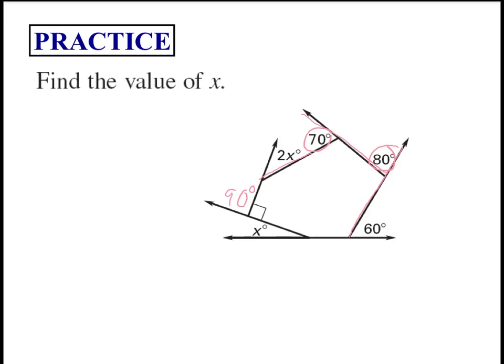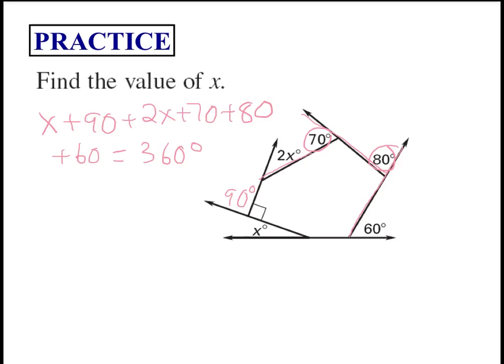So once again, we're going to add up all of our exterior angles, x plus 90 plus 2x plus 70 plus 80 plus 60, and we're going to set them equal to 360 degrees.